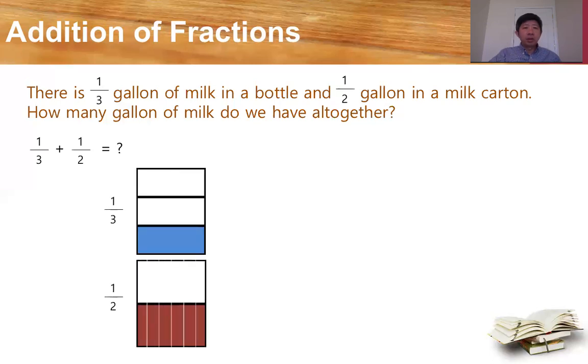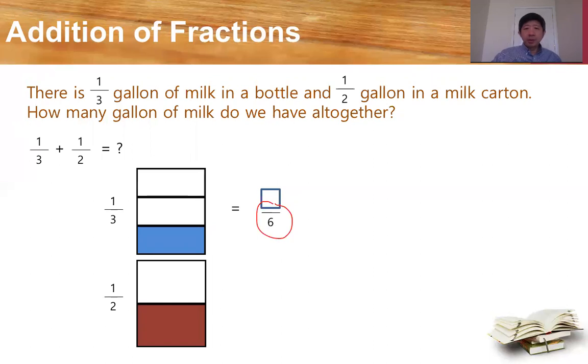So this shows you 1/3. Make sense? This shows you 1/2. Make sense? Yes. So what's next? We cannot add together. We cannot add together until what? Until we have the same portion.